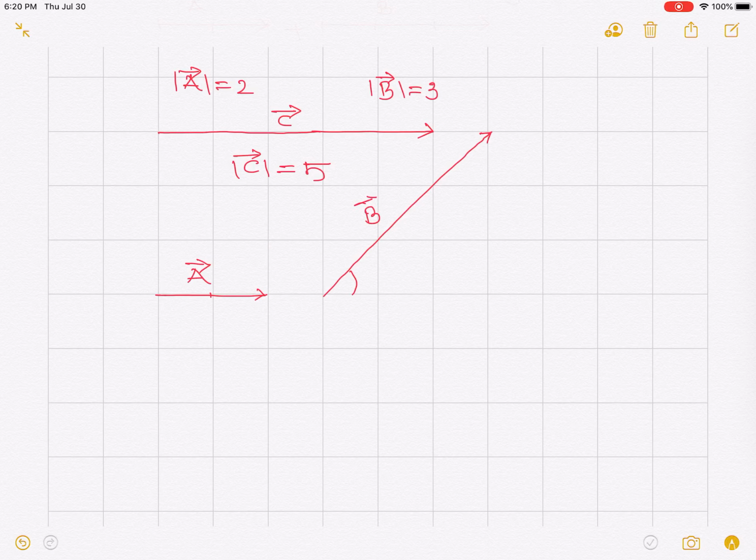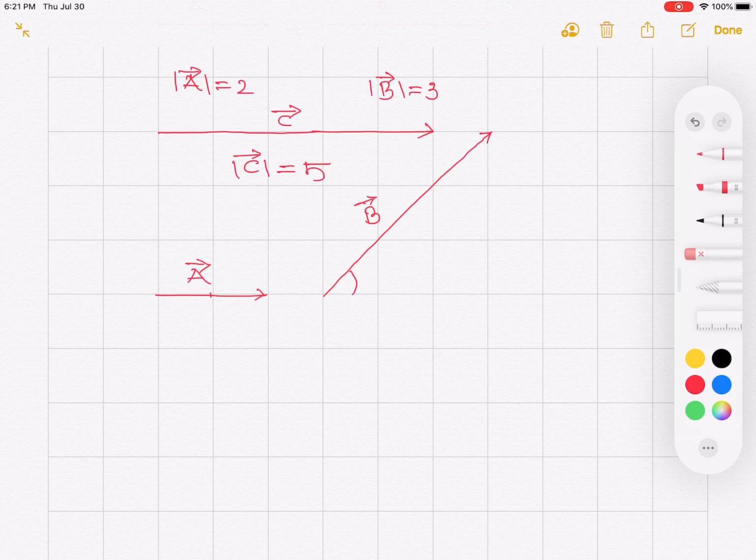This is vector B, and its magnitude is the same, 3 units, but now it's making an angle theta with the direction of A.